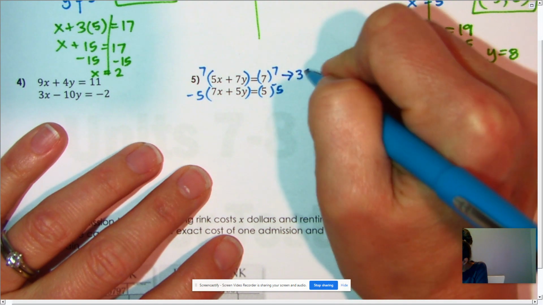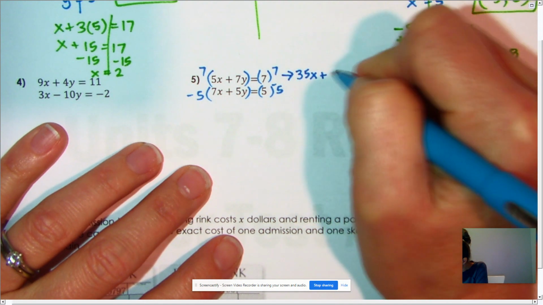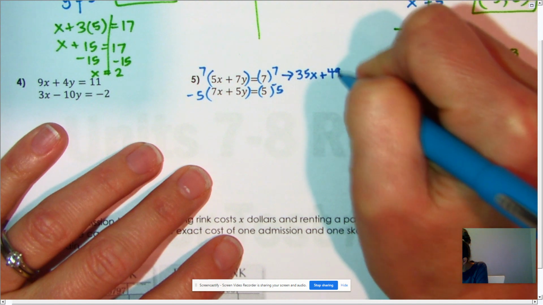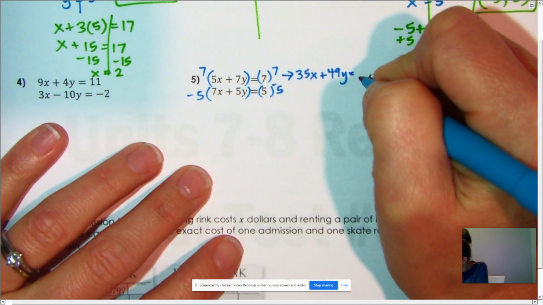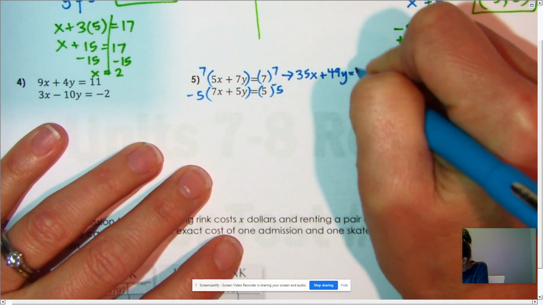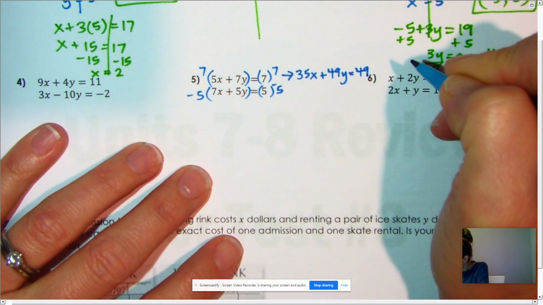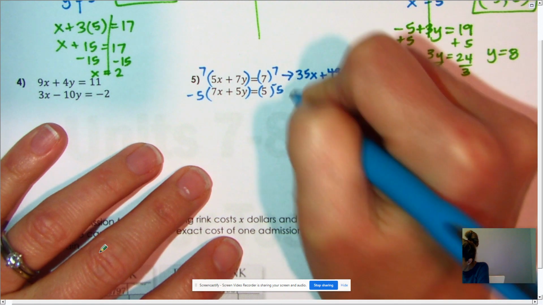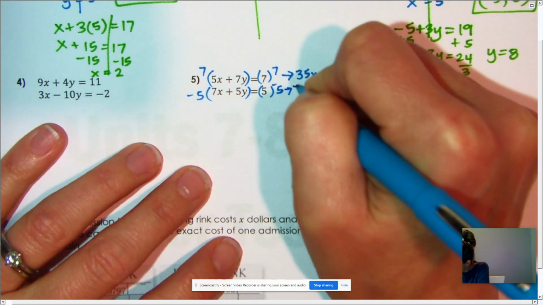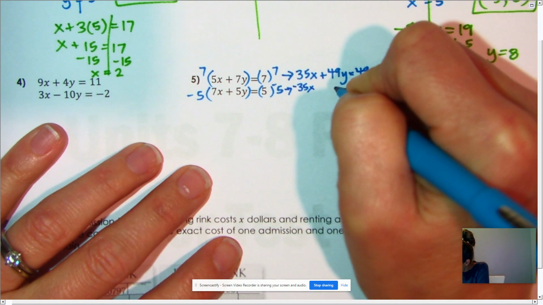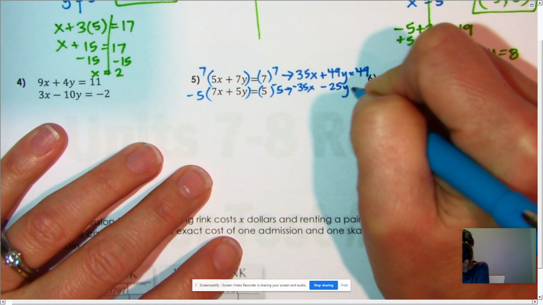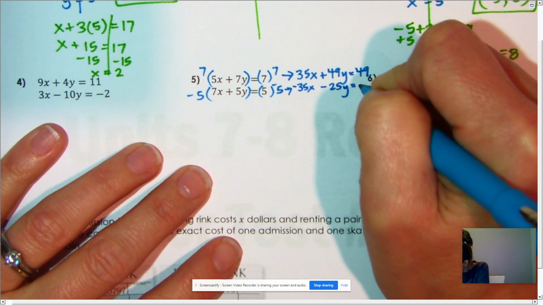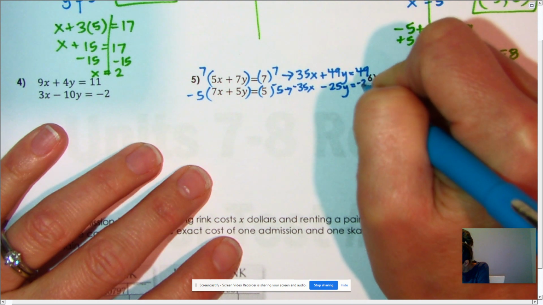We get 35x plus 49y is equal to 49. And then on the bottom, I get minus 35x, and then minus 25y, equals -25.